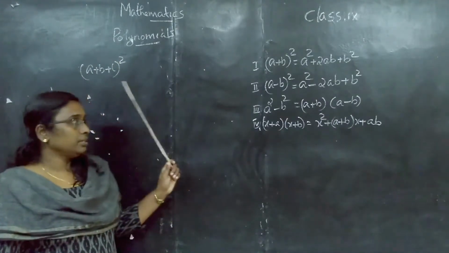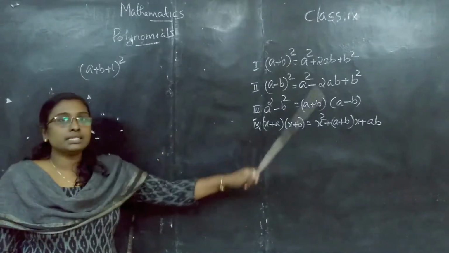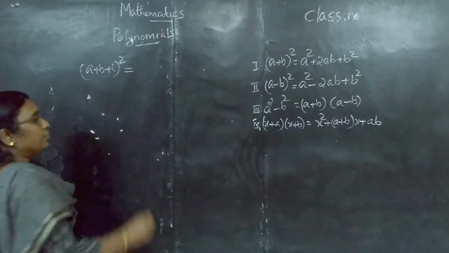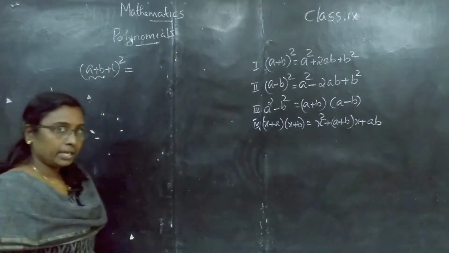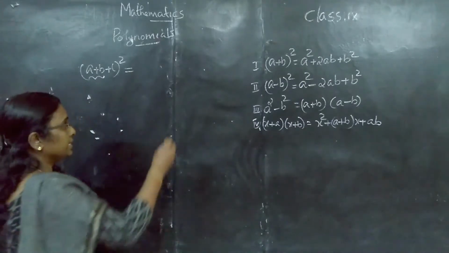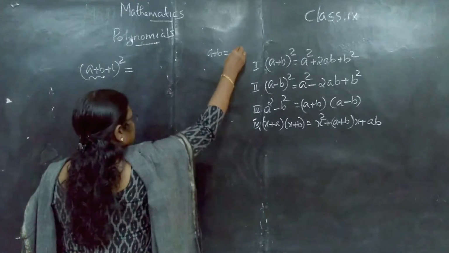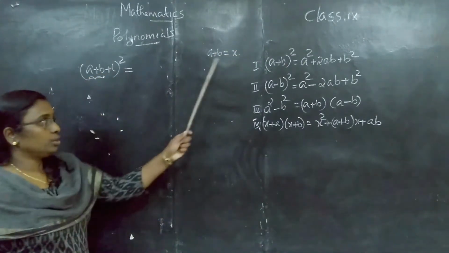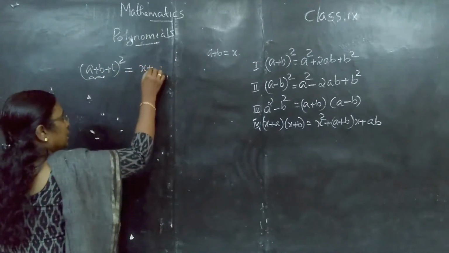In order to find this, we can use this identity by substituting a plus b by x or m or something like that. We substitute a plus b equal to x. So, this becomes (x plus c) the whole square.